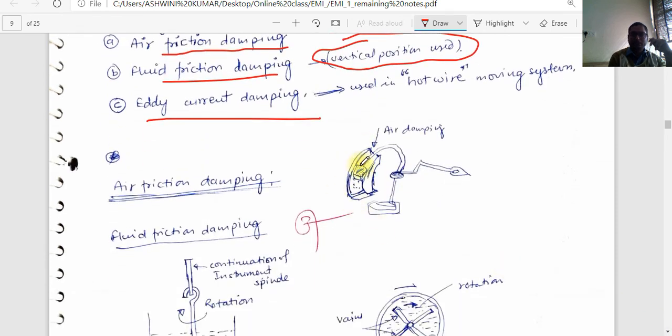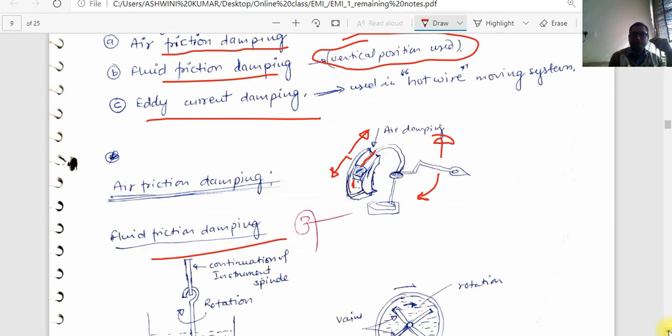This is the air chamber where the piston moves inside or outward when the pointer deflects this way or this way, so the air damping system moves inside or outside according to the creation of the air damping.